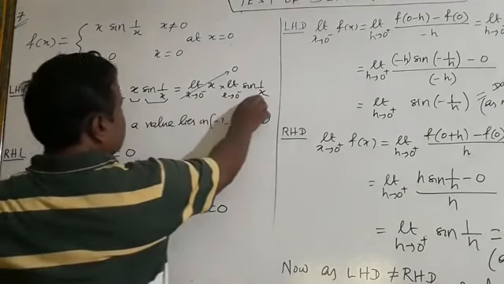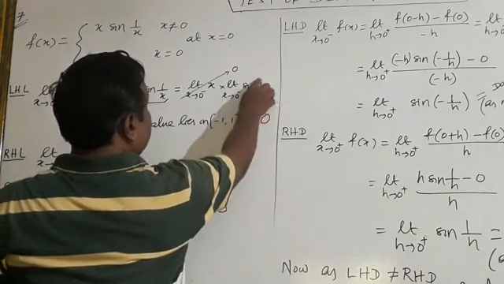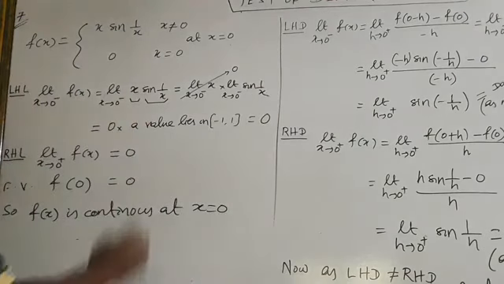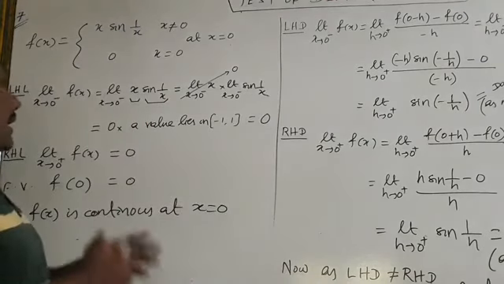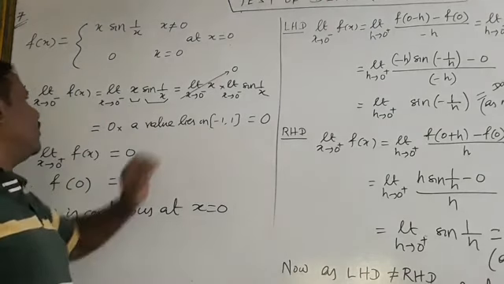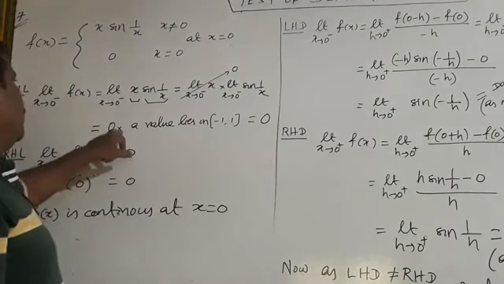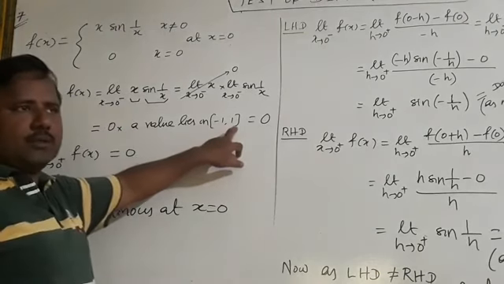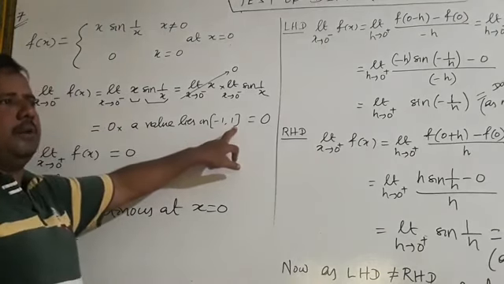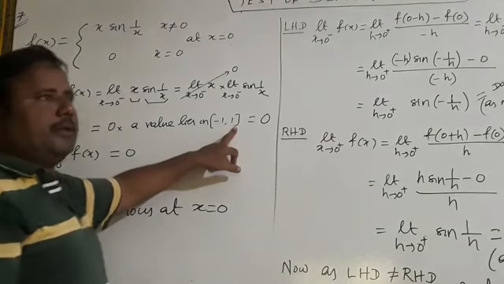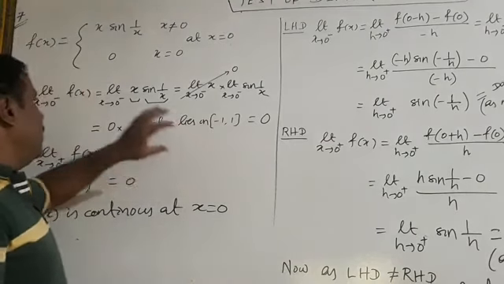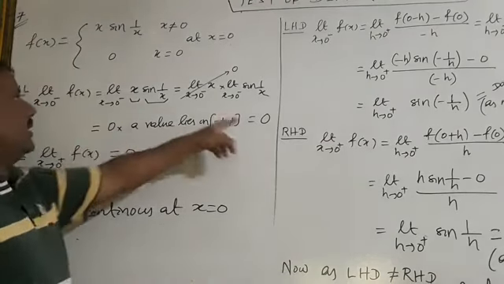times limit as x tends to 0 minus of sin 1 by x. When you put x as 0 here, it becomes minus infinity, and the value of sin of minus infinity lies between minus 1 and 1, where we do not know exactly. But when we multiply a value which lies between minus 1 and 1, whatever it may be, 1 by 3, 1 by 7, with 0, it gives result 0.